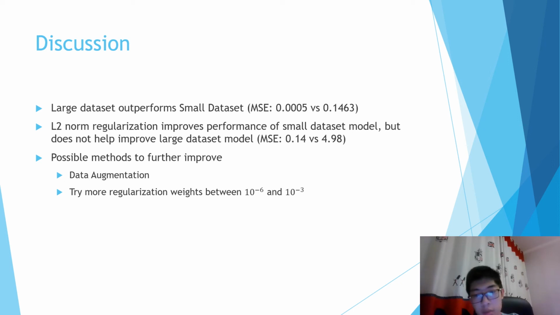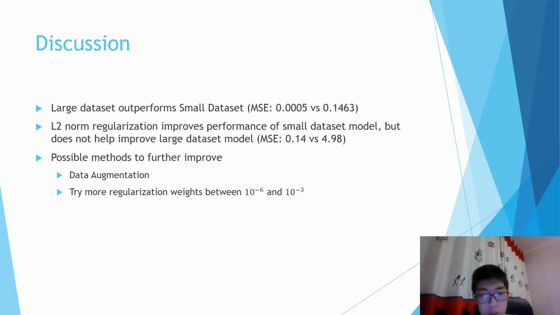This is probably because the small dataset model has an overfitting problem, while the large dataset is sufficient to support those parameters, so the regularization does not improve much.